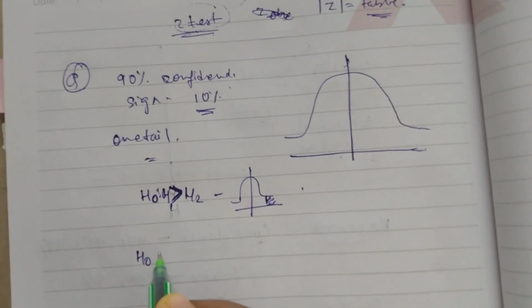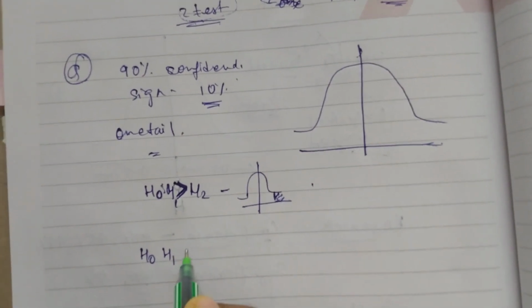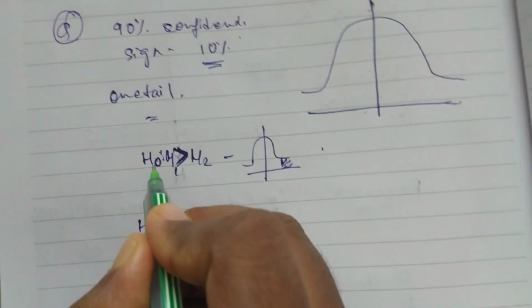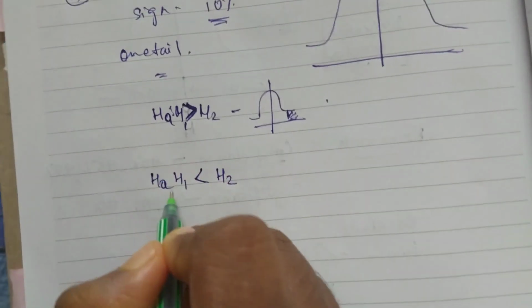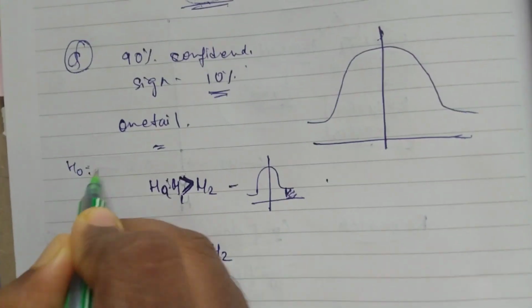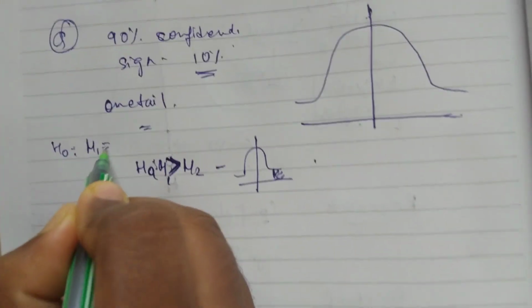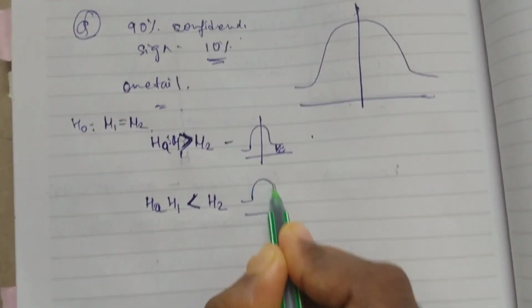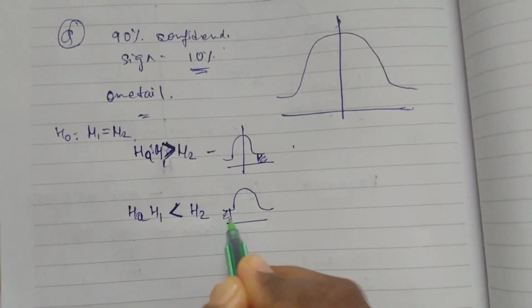If we are considering that h1 is less than h2, like in the alternative hypothesis mostly, because in h0 we are considering that both are equal, it depends on the question also. If it is this side, then the shaded part will be on the right.